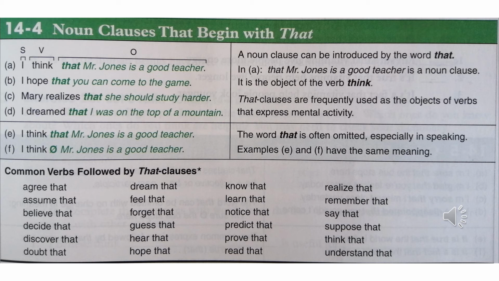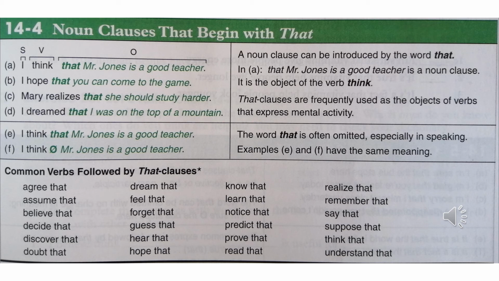D. I dreamed that I was on the top of a mountain. What did you dream? That I was on the top of a mountain. As you can notice, all the noun clauses in A through D, that Mr. Jones is a good teacher, that you can come to the game, that she should study harder, that I was on the top of a mountain, are noun clauses that function as the objects of the verbs think, hope, realizes, and dreamed consecutively.